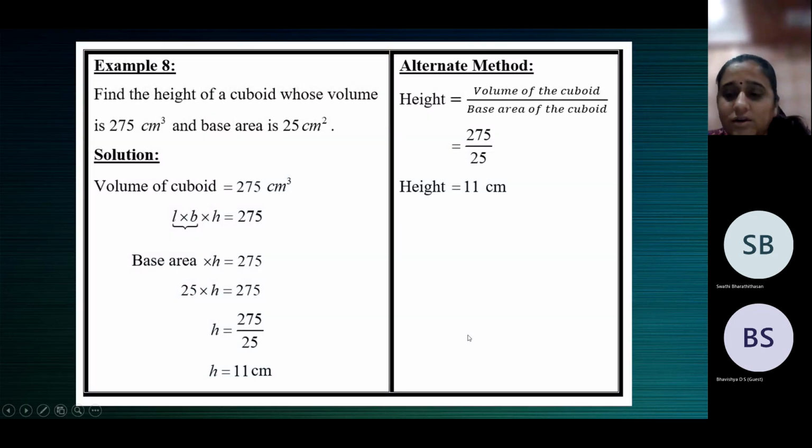Oh, sorry, I did not notice. I had put my mic on mute and I was talking. Swati and Bhavishya, both of you finished this one? No, ma'am, I didn't. Okay, it was not very clear.